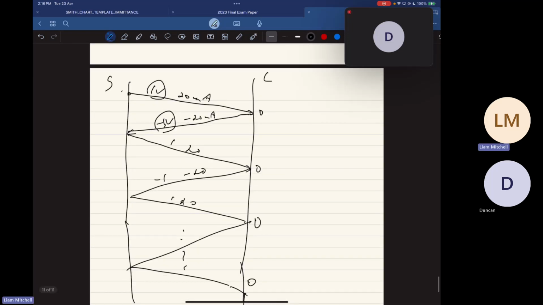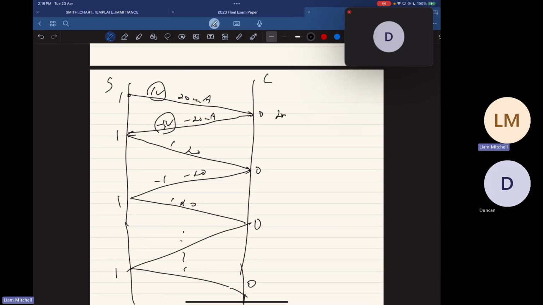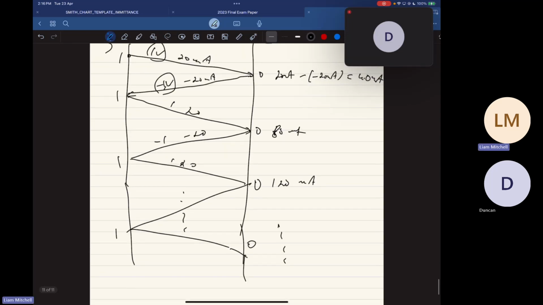And here the voltage is always going to be 1, because it's 1, minus 1, plus 1, minus 1, plus 1, and so on. But here you get 20 milliamps minus 20 milliamps, which is 40 milliamps. Here you get 80 milliamps and 120 milliamps, and so on.